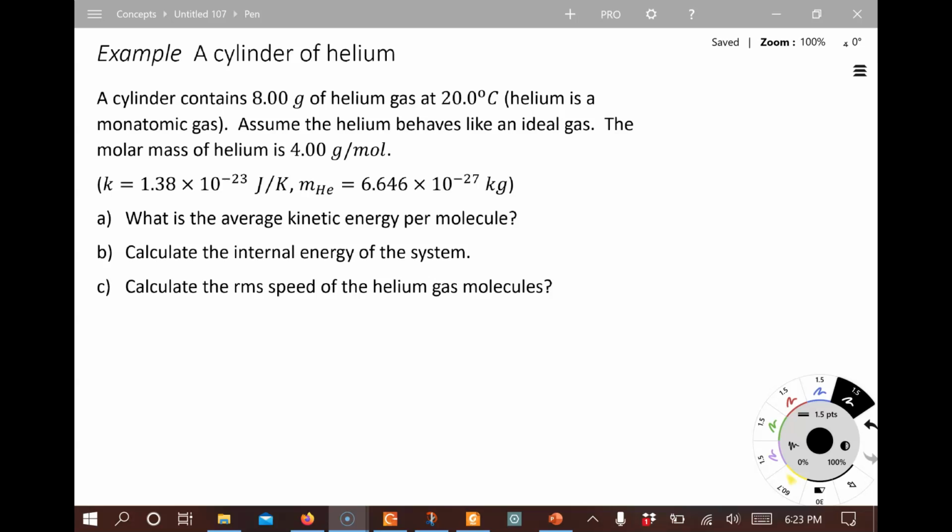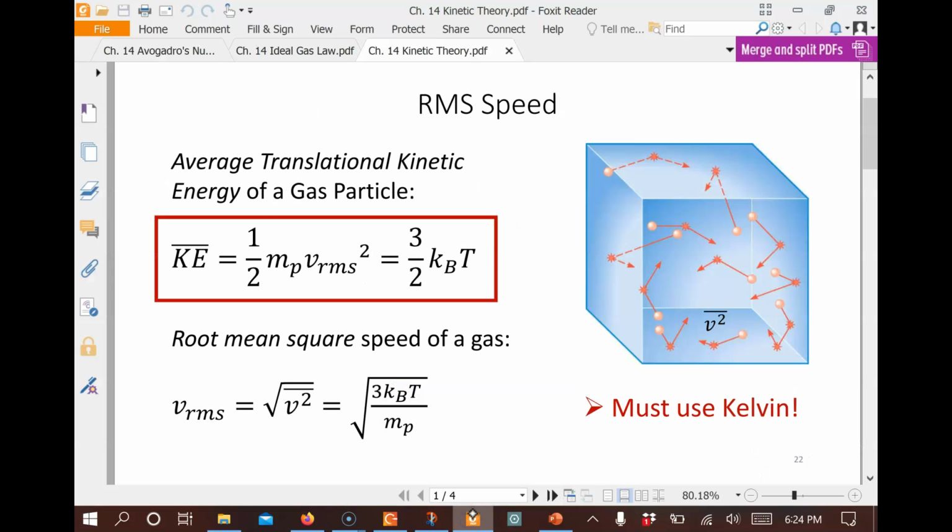Now, in part A, we're going to try to figure out what is the average kinetic energy per molecule, per helium atom in the gas. Let's recall a couple important ideas about kinetic theory. The idea here is that the energy in the gas is really just due to the motion of the atoms as they travel around in the gas.